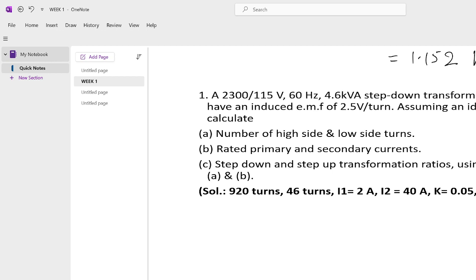Assuming an ideal transformer, calculate the number of high side and low side turns, rated primary and secondary currents, step down and step up transformation ratios using the above two.